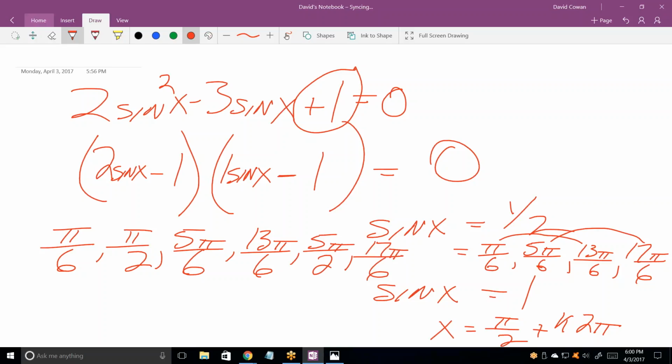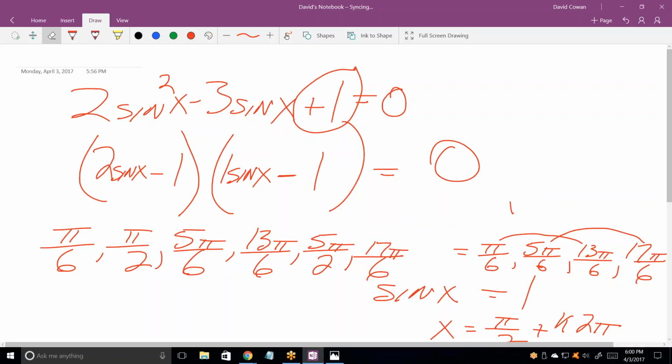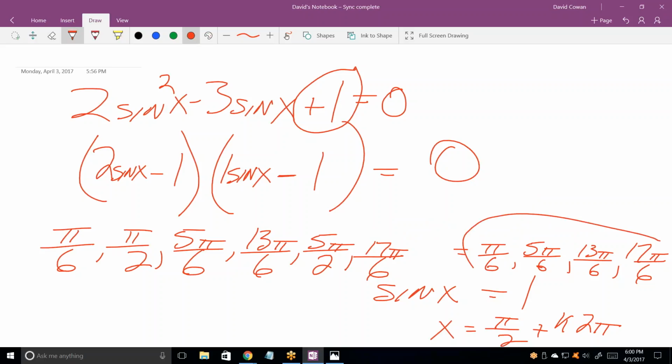But okay. Notice, now that one's not so easy to put into an arithmetic series, an infinite series. And in fact, you can't do it with a single equation. So I go back, and in fact, this one's going to take 3 equations. If I do this one, my answer is x equals pi over 6 plus k 2 pi.